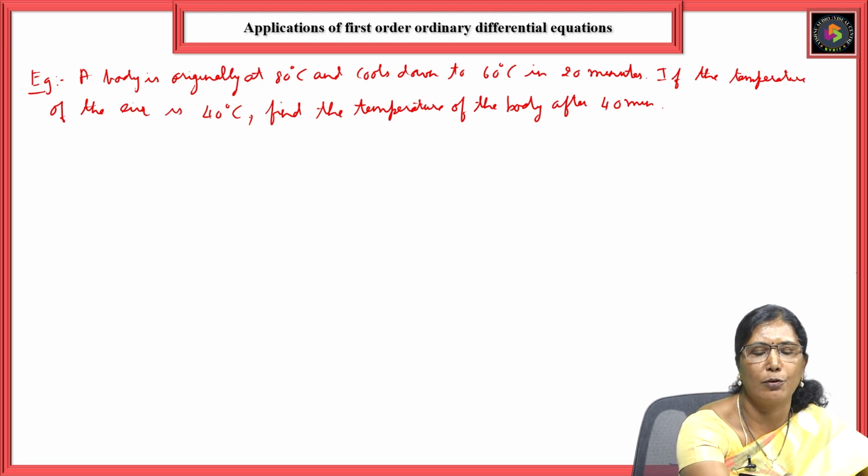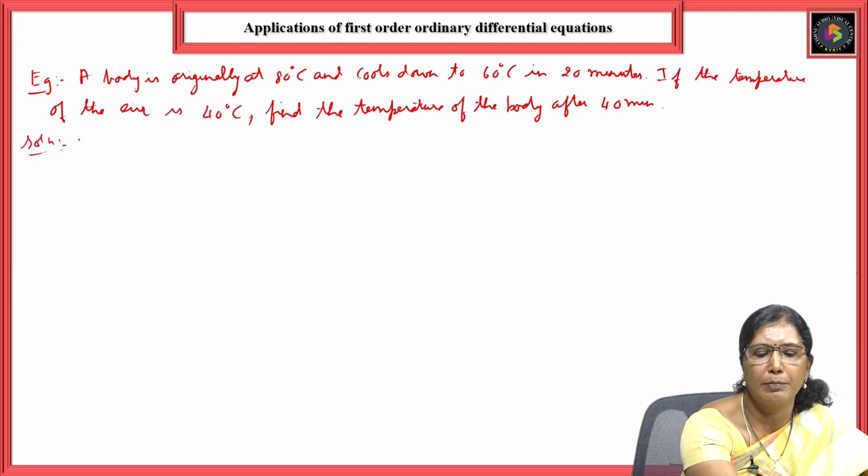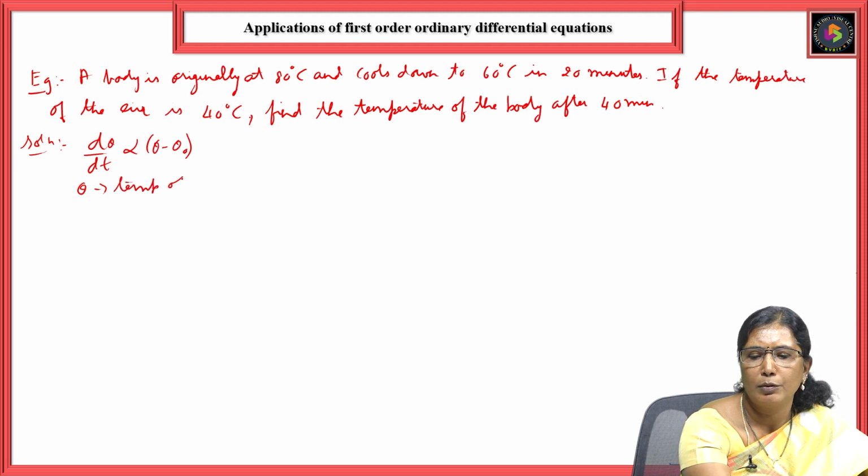Let us first take the statement of Newton's law of cooling. What is the statement? Always write the statement first. d theta by dt is proportional to theta minus theta naught, where theta is the temperature of the body at any time t and theta naught is the temperature of the surrounding medium.